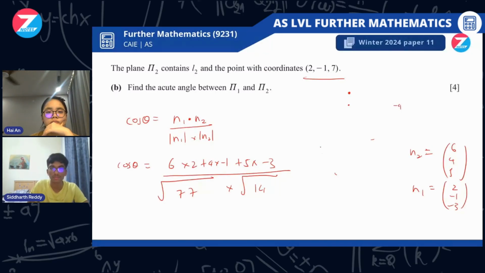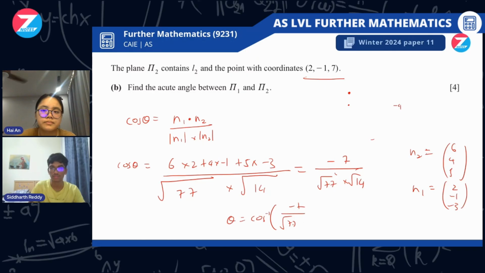So this becomes 12 minus 4 minus 15, which is -7 over root 77 times root 14. So theta is equal to cos inverse of -7 over root 77 times root 14.